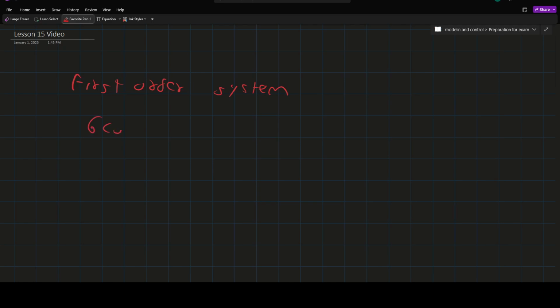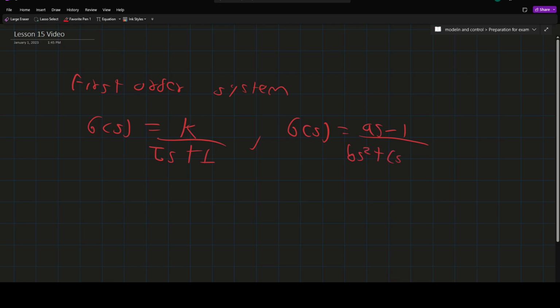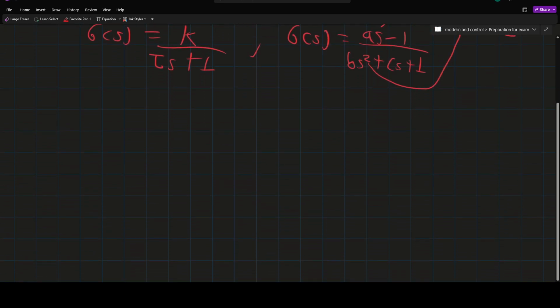Examples are G(s) = K/(τs + 1), where τ is the time constant. Another example could be (as + b)/(cs^2 + ds + 1). Here we have 2 minus 1, which equals 1, so it's a first order system.